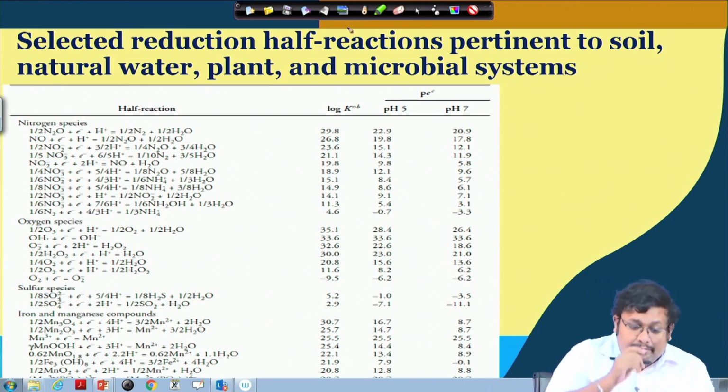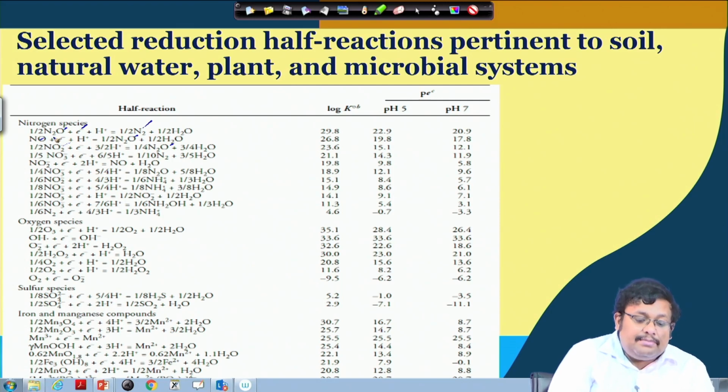Just for some examples, you can see here that nitrogen dioxide, when it accepts electrons, produces nitrogen gas. When nitric oxide accepts an electron, it produces nitrous oxide. So, you can see how different species of nitrogen change their form by accepting electrons, or by getting reduced.